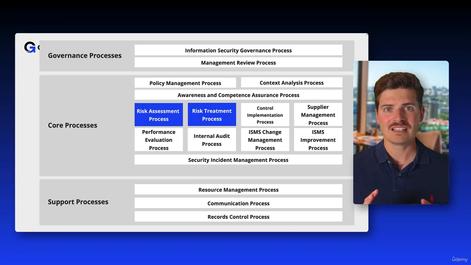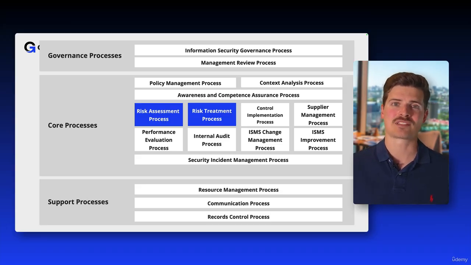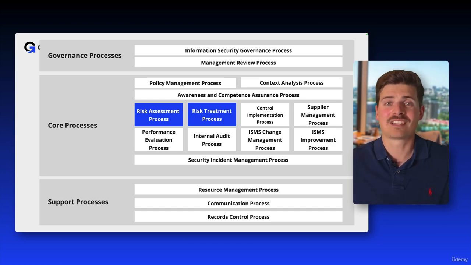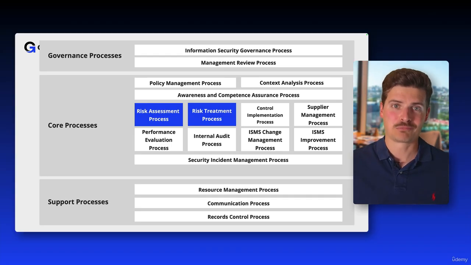Now, let me just get this straight. There's 2 processes that you need to have in the form of documented information. And clause 4.4 requires you to establish the necessary processes to implement and run the ISMS in accordance with what the standard wants. So you need processes, but you need to have them work in practice.